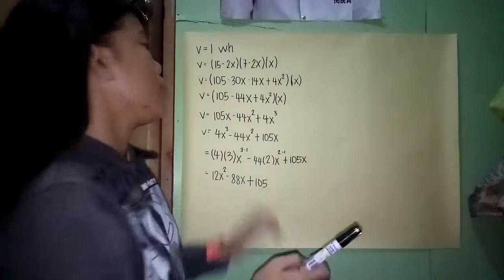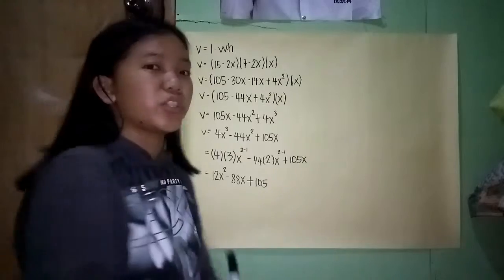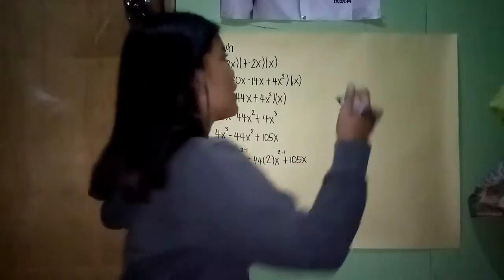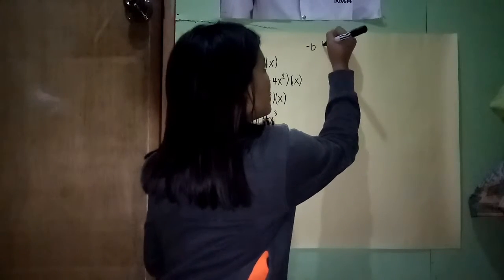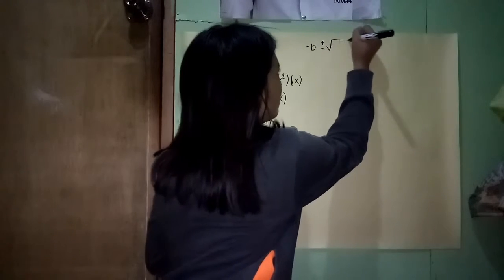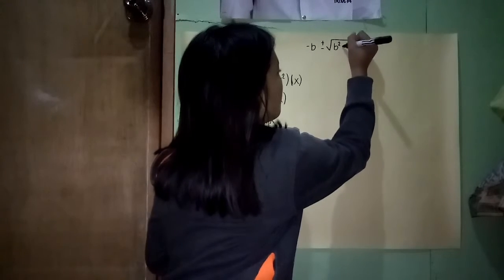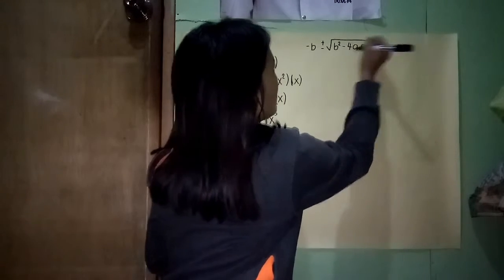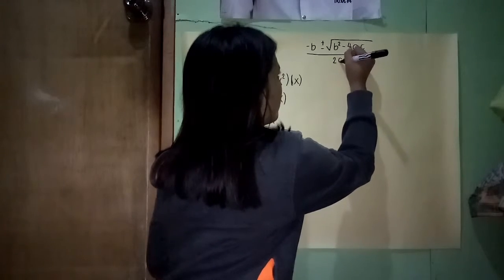At this point, we are now going to factor the derivative of our function using the quadratic formula. The formula is negative b plus or minus the square root of b squared minus 4ac, all over 2a.